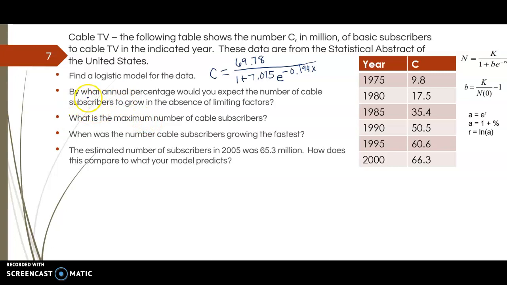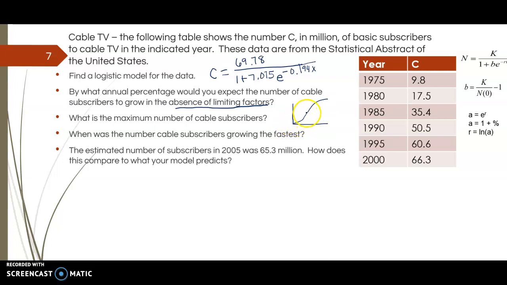Then they asked me, by what annual percentage would you expect the number of cable subscribers to grow in the absence of limiting factors? This absence of limiting factors is talking about the beginning of the logistic curve. We did not graph this yet, but because it's logistic, we expect a curve like this.